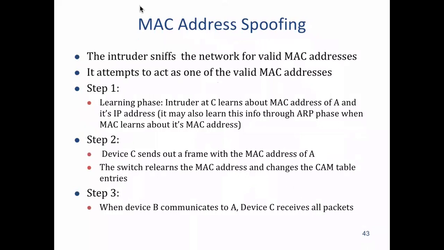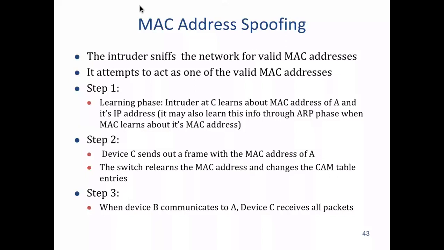You know, there are multiple machines, and I want to disrupt communication between two machines. Say I am the attacker and want to disrupt the communication which Alice is doing with Bob. I will change my MAC address to Alice's MAC address. Okay, what will happen? The switch will change the mapping.